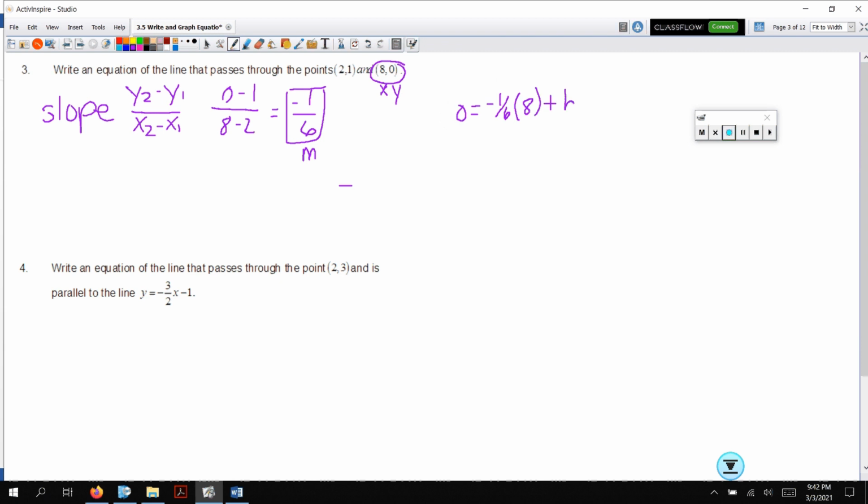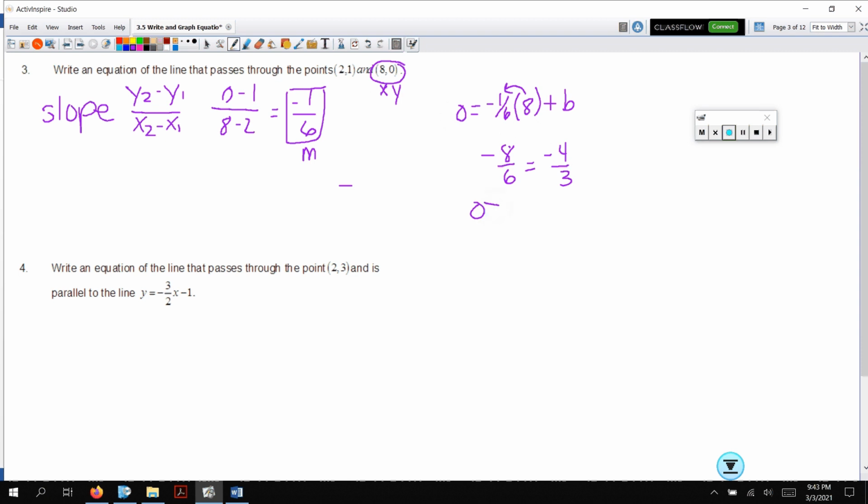plus b. All right, now I'm going to get out my fancy calculator because that's how I do it, right? And I'm going to take negative 1/6 times 8 and turn it into a fraction. And I get negative 4/3. Or you could just easily multiply these together. I didn't have to get out my calculator and get negative 8 over 6, which reduces to negative 4 over 3.